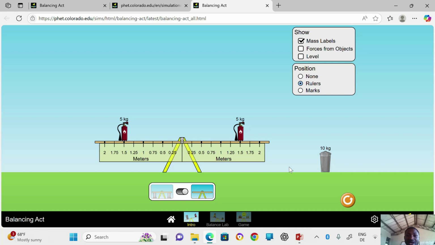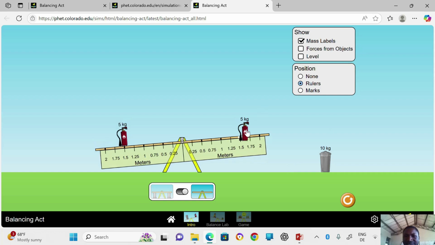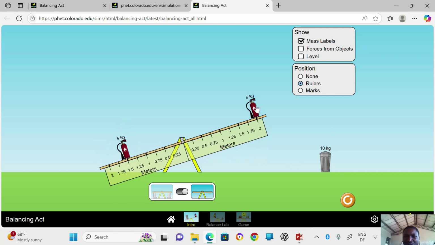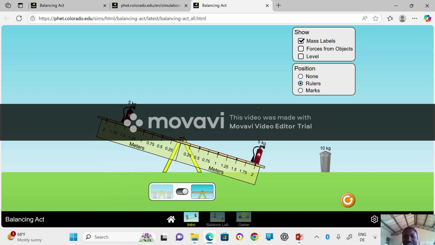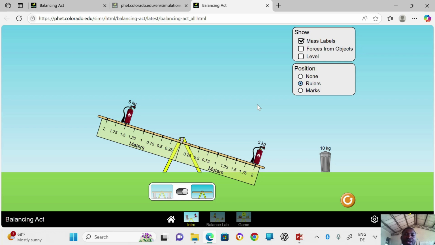So at that point they are balancing because they are at the same distance from the line of action. How about if we extend this to a distance of 2 meters? We observe that the right hand side is now at a higher distance, therefore its moment is higher than at the left hand side.